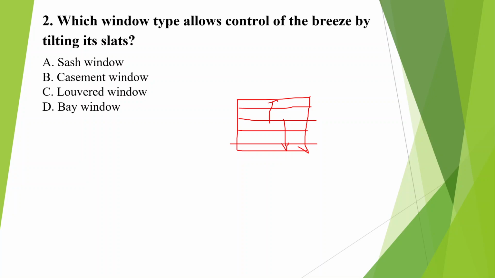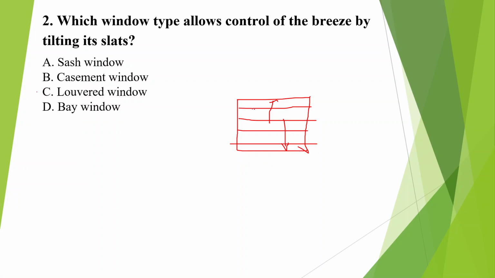Sometimes it can also be used for controlling the solar radiation entering the house, but mainly it is done for controlling the breeze. The main purpose is that: they are adjustable slats, and you can adjust the airflow with their help, and mainly it will help you control the ventilation effectively. So this is the correct answer for this question.